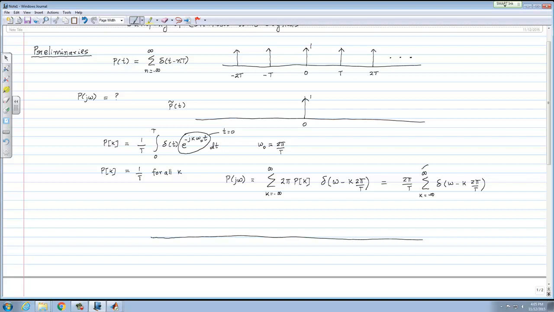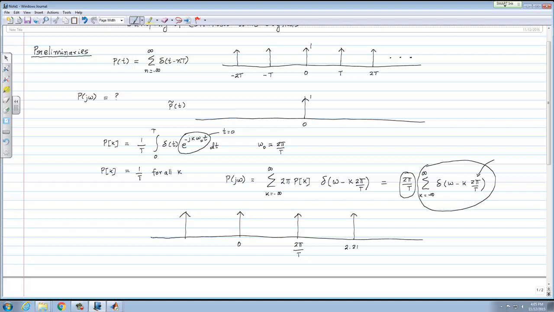So if you think about this signal, what this says is this is a bunch of impulses, each one occurring at integer multiples of 2 pi over t. And then the strength of the impulses are all 2 pi over t. So if I were to plot the Fourier transform, this would be a train of impulses. It's important to pay attention to the spacing of the impulses. So the spacing of the impulses is 2 pi over t apart.